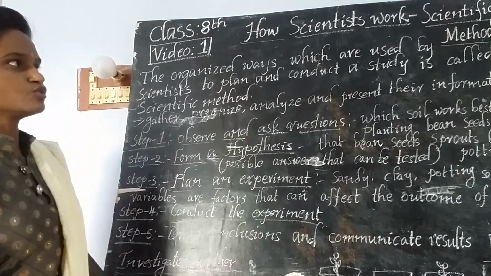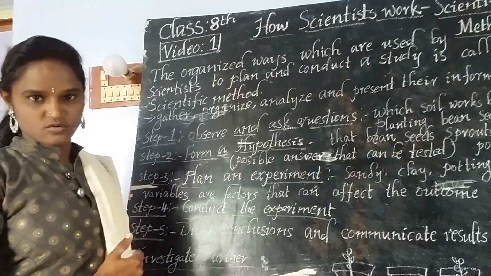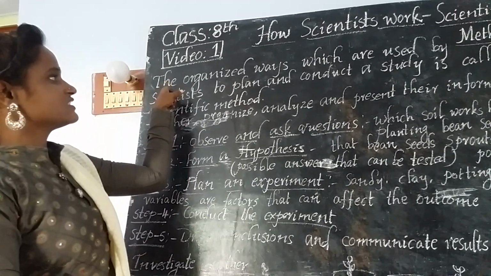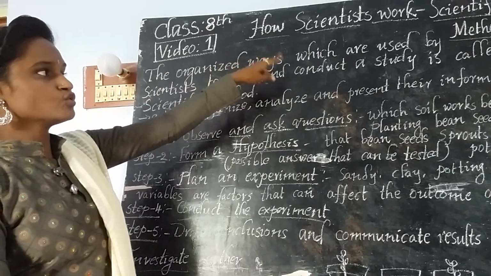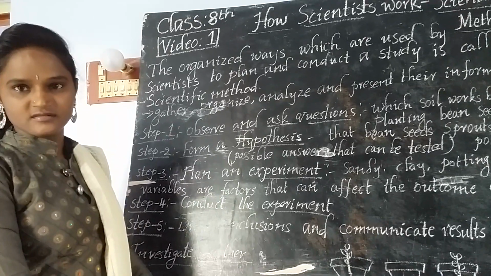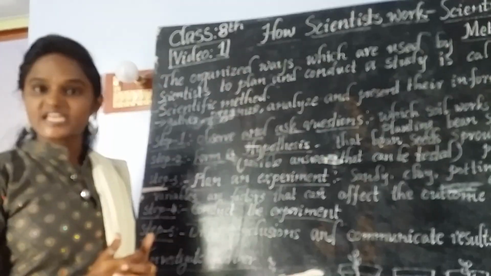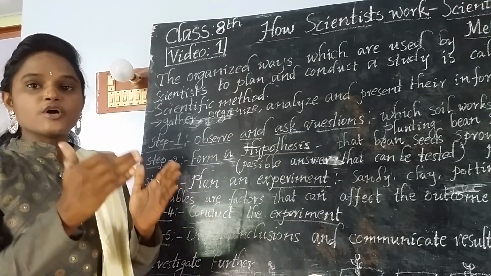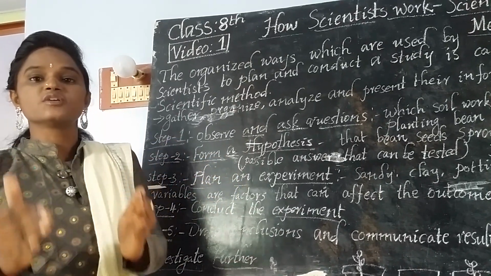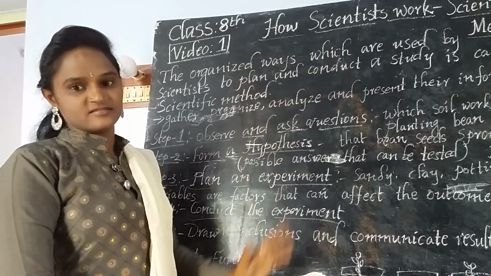Before going to know about details of the scientific method, first we have to know what is meant by scientific method. Scientific method means the organized ways which are used by scientists, not in a random manner, to plan and conduct a study.